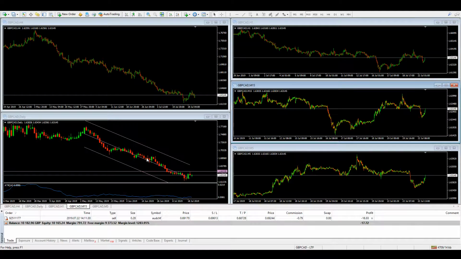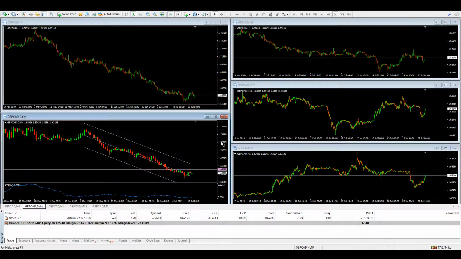This one, how do I explain this one? Yeah, this one is tradable. We can see that we've got some downward movement to define this as a downtrend. It's kind of hugging the standard deviation mean here.